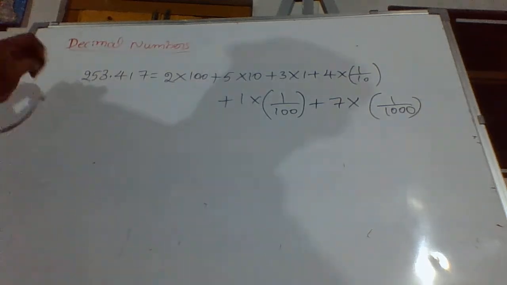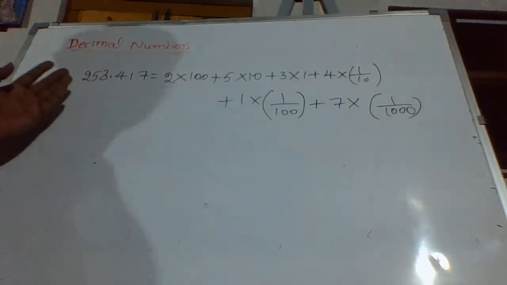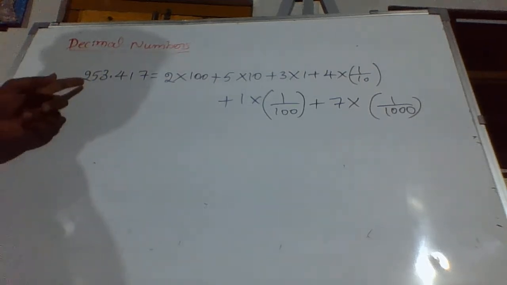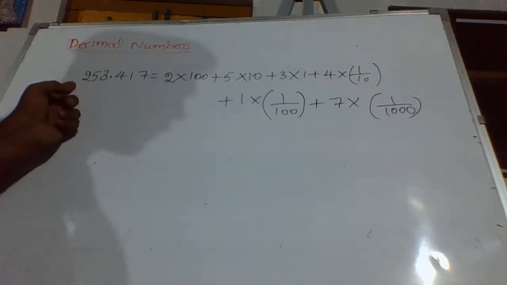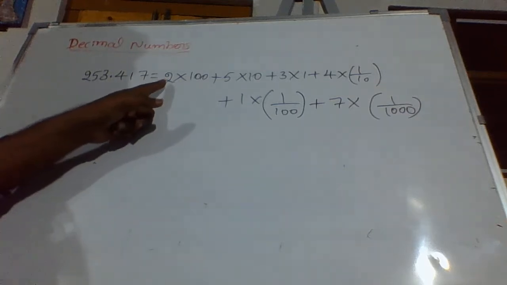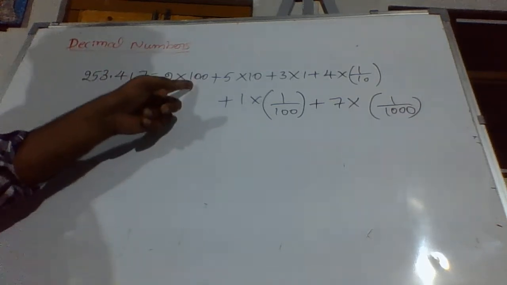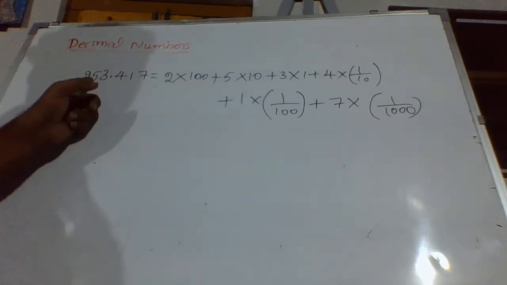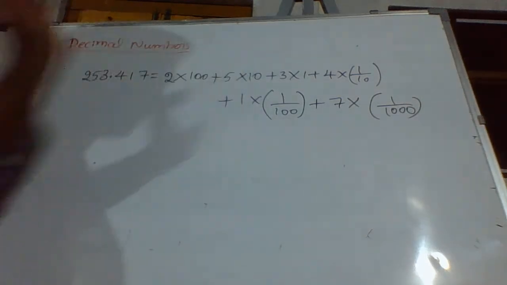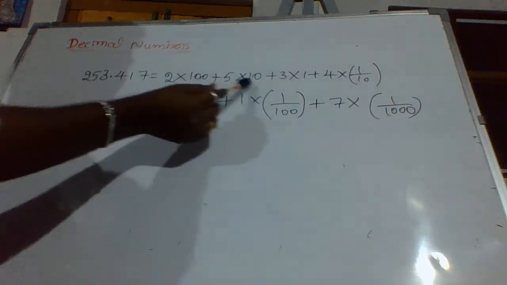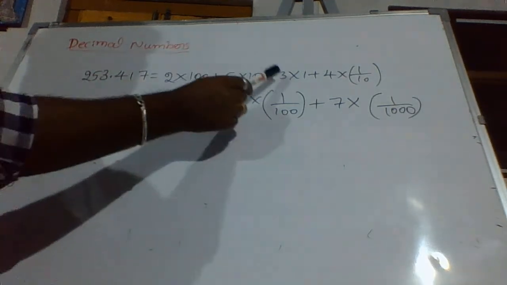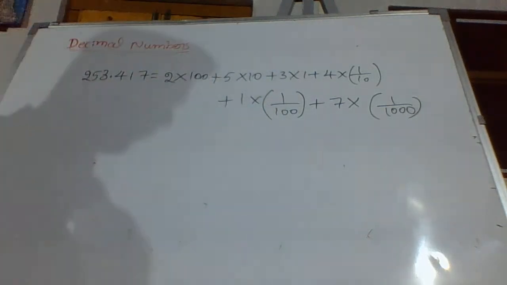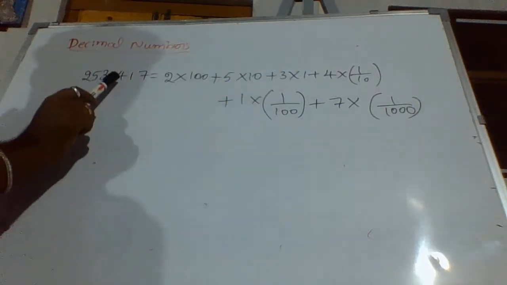See it again. What is the number they have given? 253.417. Now first we will consider 2. 2 is at the hundreds position. Therefore what are we doing here? 2 into 100 plus. Next number is 5, which is at the tens position. Therefore 5 into 10. Next, plus, what is the next number? 3. 3 is at the units position or ones position. Therefore 3 into 1 plus. What is the next number? 4.